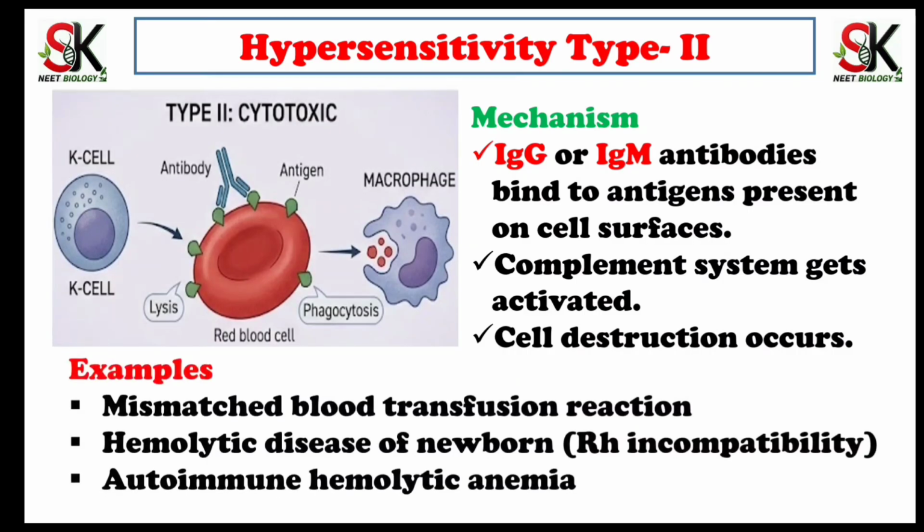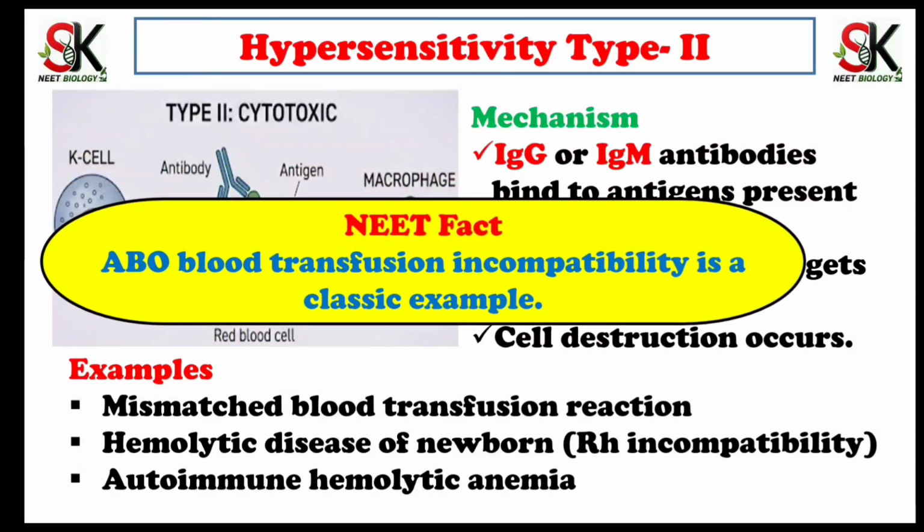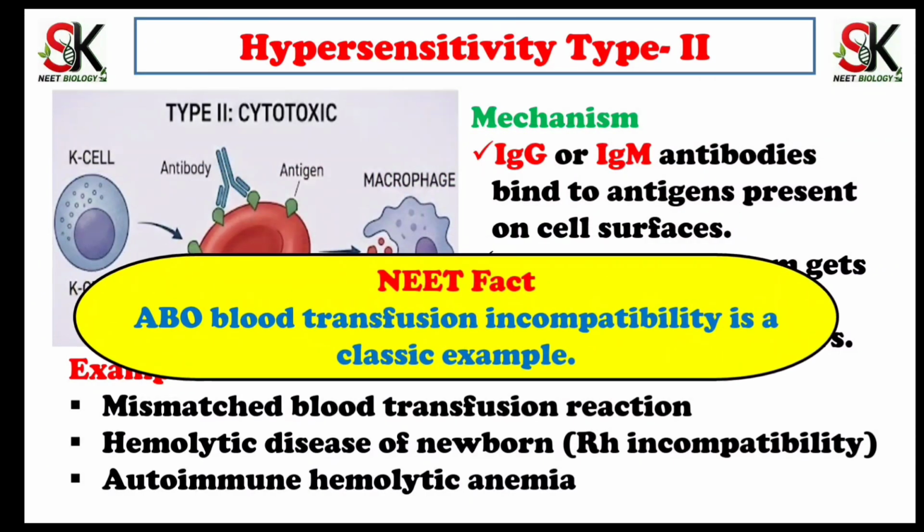Classic examples include mismatched blood transfusion reaction, hemolytic disease of the newborn due to Rh factor, and autoimmune hemolytic anemia. The important NEET point is that ABO blood group transfusion incompatibility is the classic example.